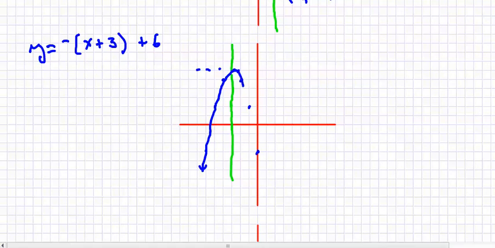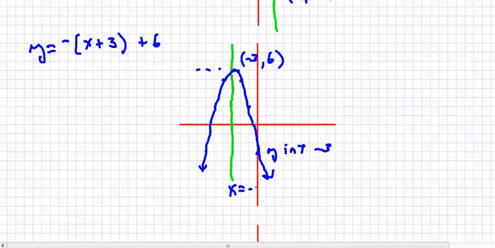Arrow, arrow, an ugly arrow. y-intercept, negative 3. Vertex, (-3, 6). Axis of symmetry, x equals negative 3. And I forgot my squared on my original equation.